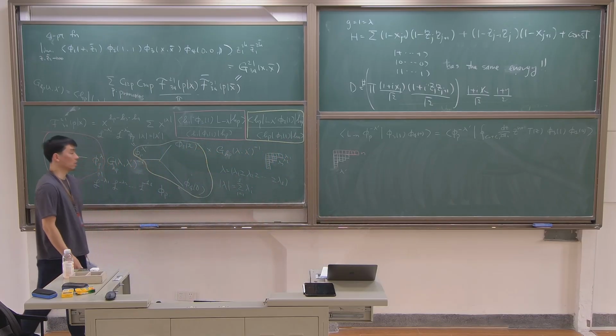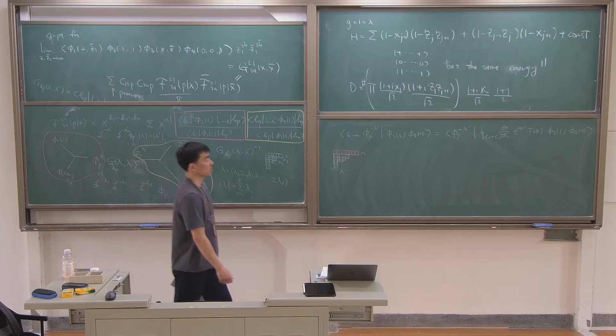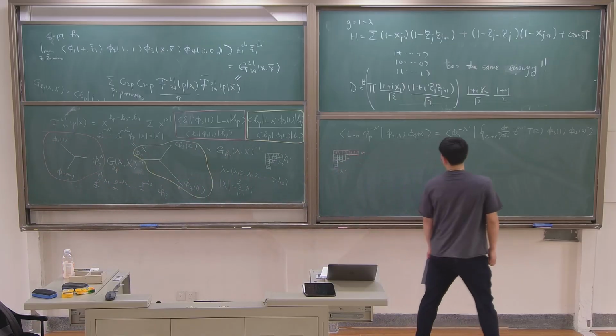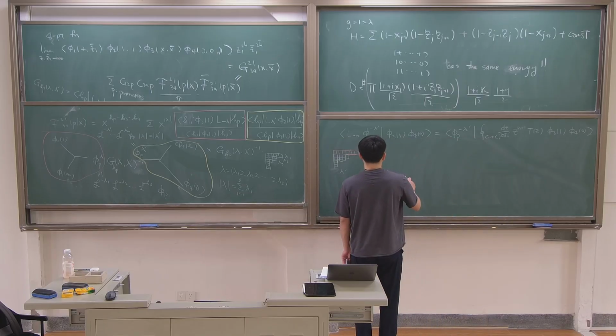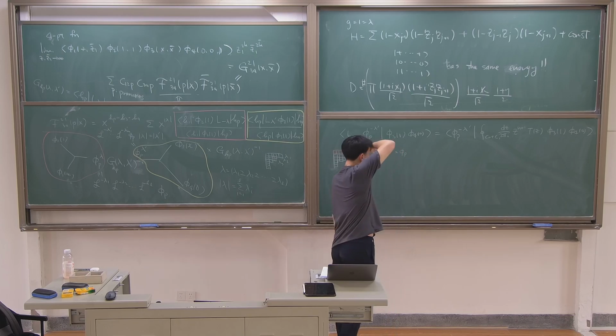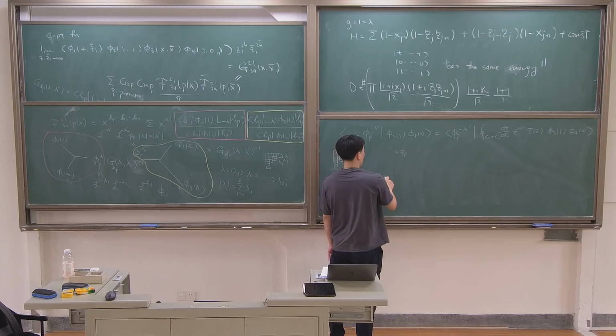Here phi p is at infinity, then 0 is phi 4, and 1 is phi 3.